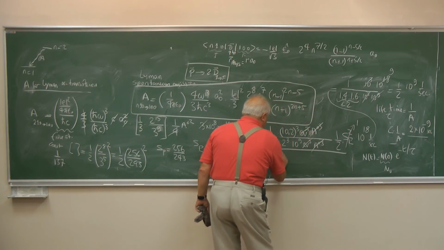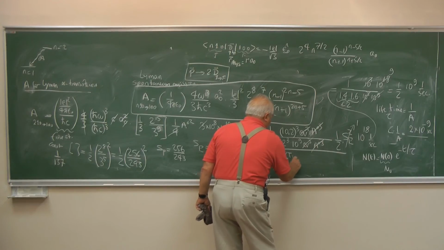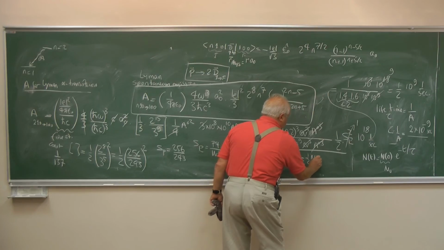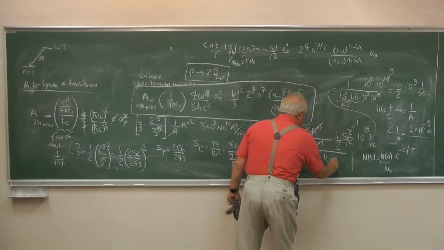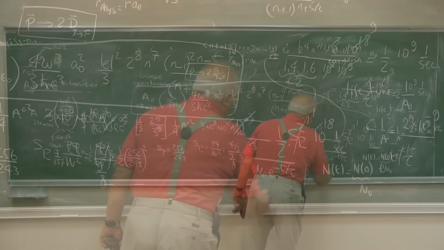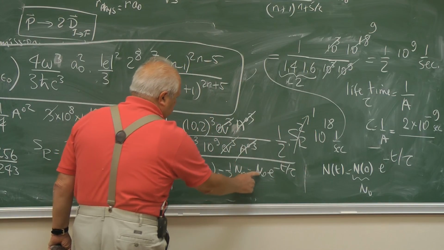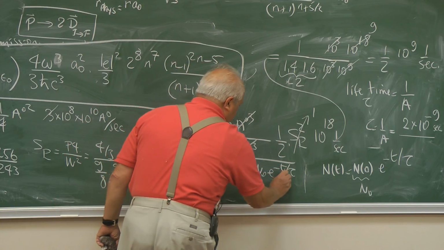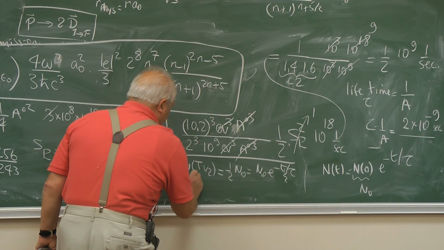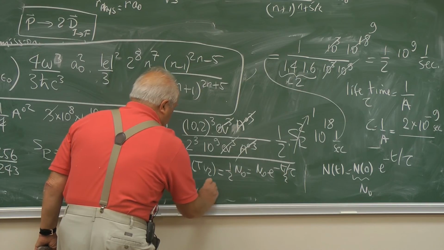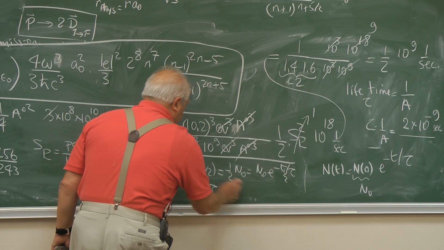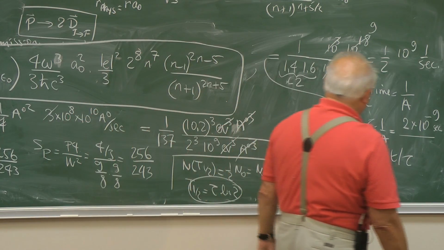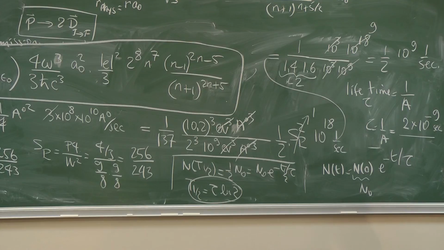Just to mention it, at T1/2 we have 1/2 n0. That's equal to n0 e to the minus t over tau. So you cancel the n0s, take the log. So T1/2 is tau times log 2. But for us, they're about the same. This is 0.7. They're about the same.